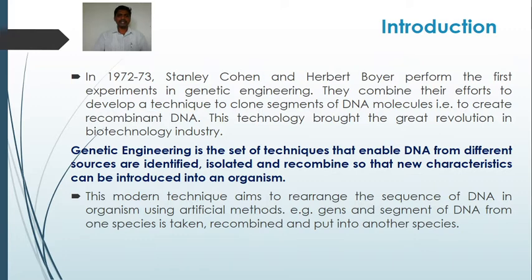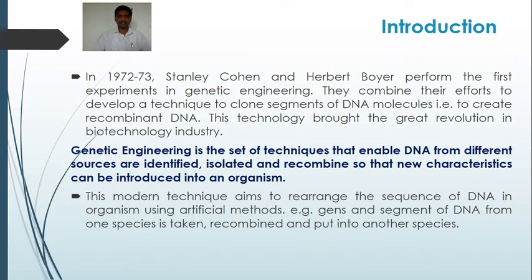This modern technique aims to rearrange the sequence of DNA in an organism using artificial methods. For example, genes and segments of DNA from one species are taken, recombined and put into another species. So these are the steps of genetic engineering.